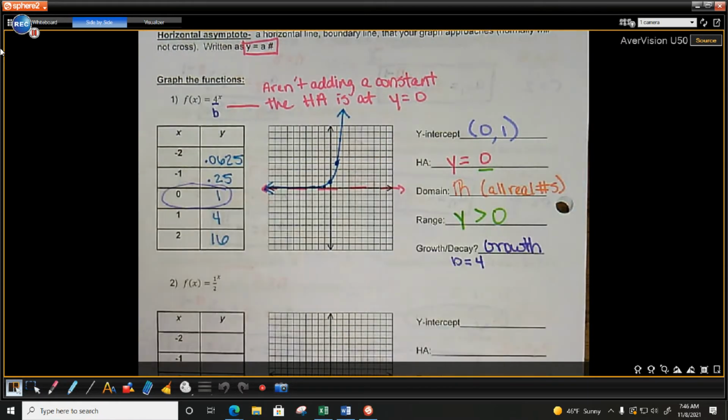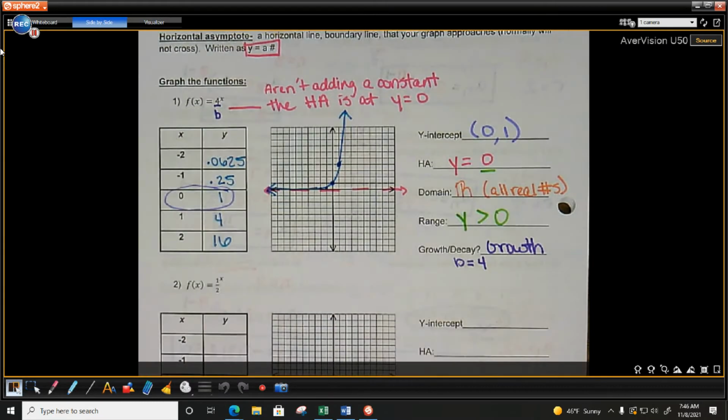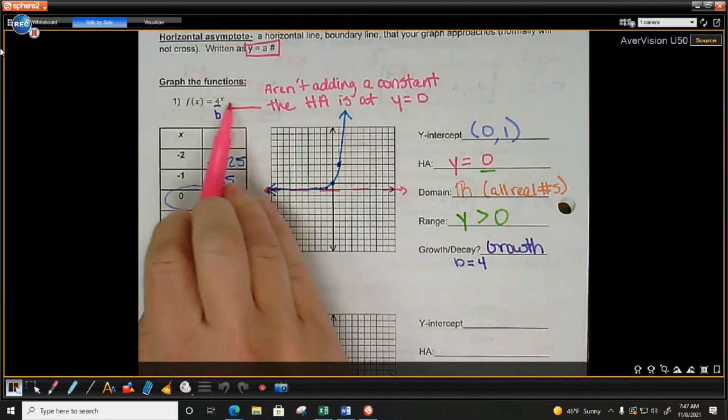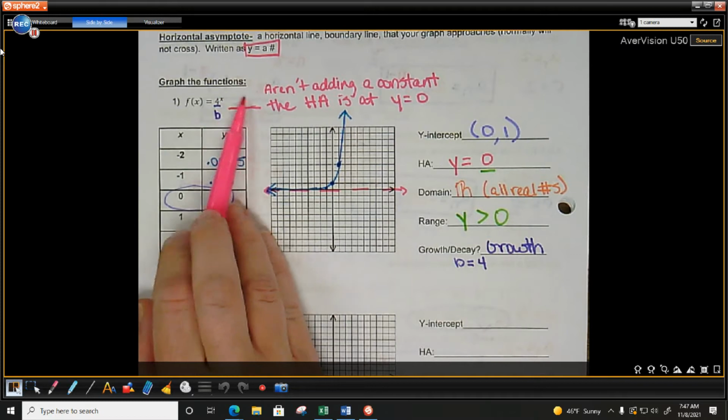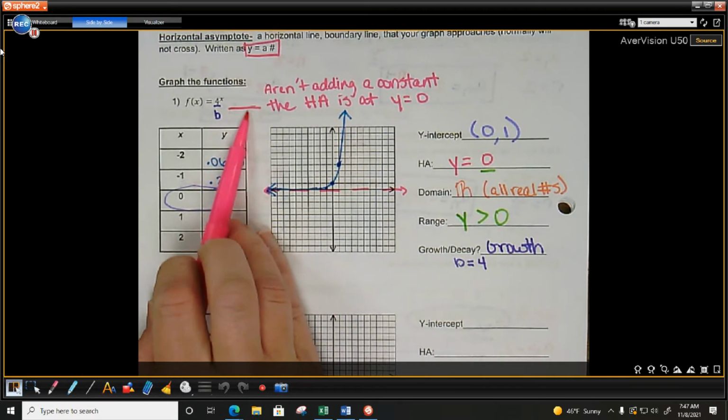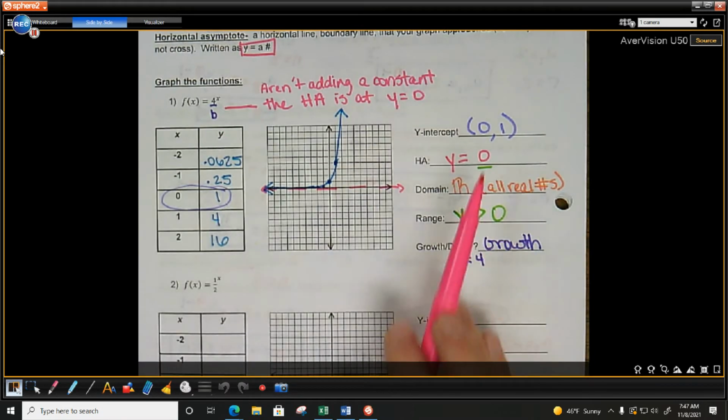If I had like plus 8 over here, my horizontal asymptote would be at y equals 8. If I had like minus 3 over here, my horizontal asymptote would be at y equals negative 3. So whatever this plus or minus number out to the side is, that's where the horizontal asymptote is. If there is no constant out to the side, your horizontal asymptote is just y equals 0.